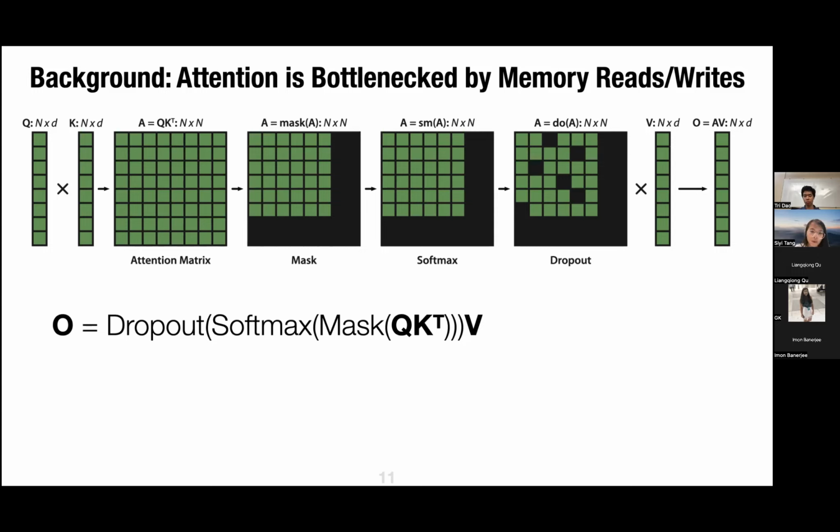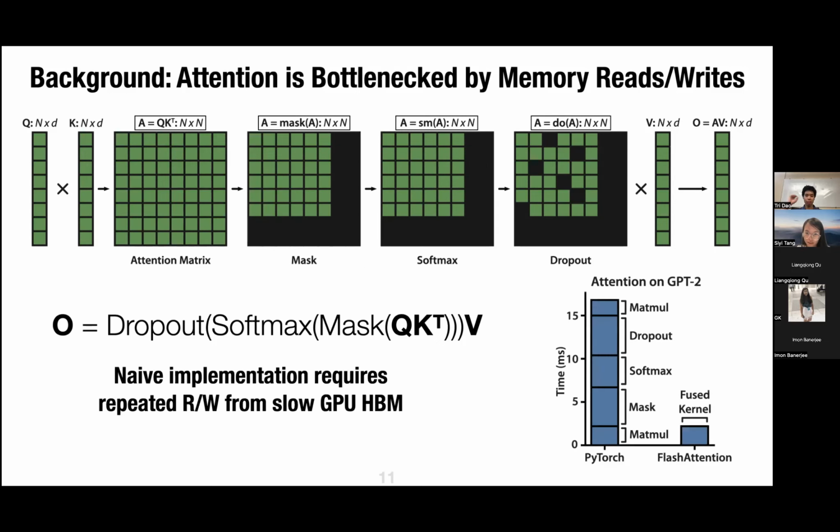Could you explain why the dropout and softmax actually take much more time than the matrix multiplication? Yeah. So this is a little bit surprising. It turns out most of the time is actually spent on reading and writing to memory. So let's say you start with Q times K, you get the matrix A, and then you apply some masking. And what really happens is you're not doing any math. What you do is load the value from HBM to the compute unit. The compute unit sets some of the values to 0 or negative infinity, and then it writes back down the output.